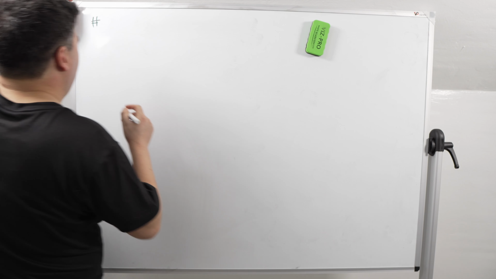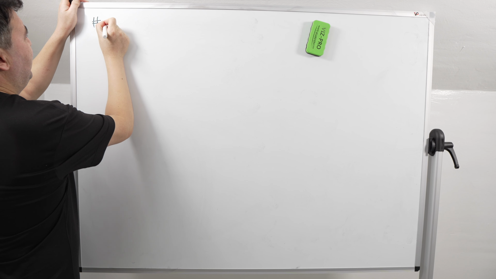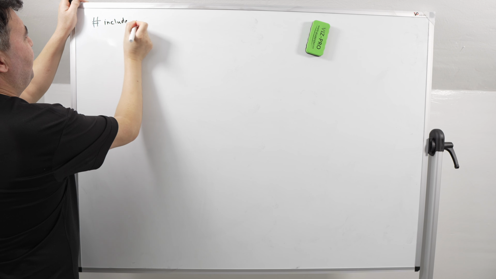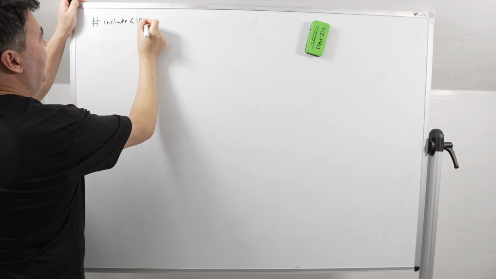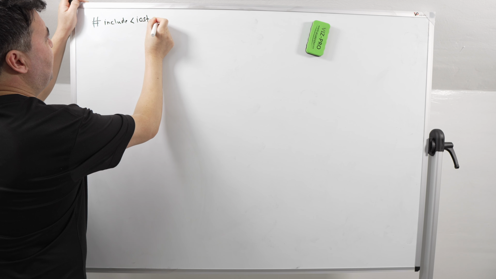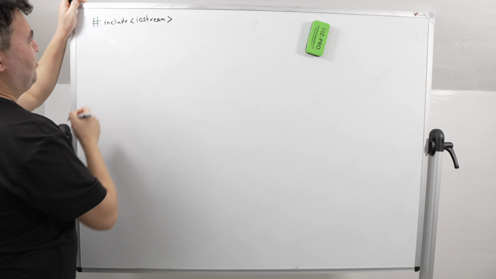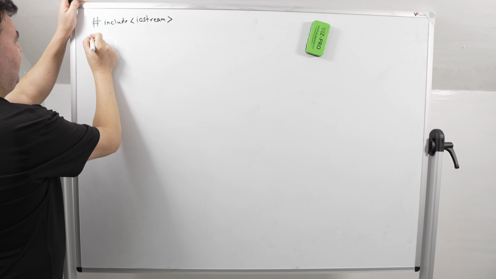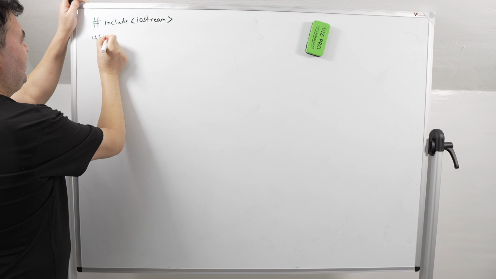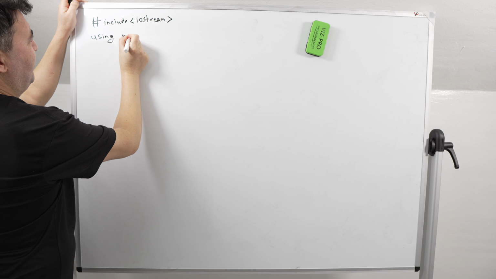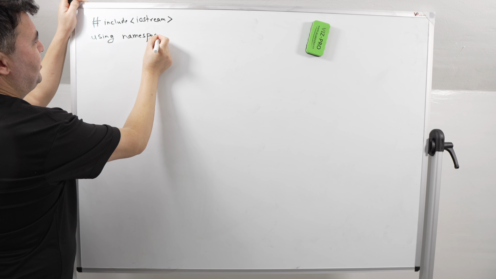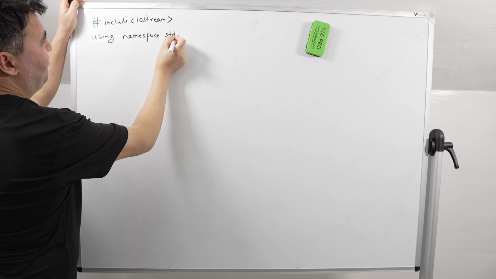So let's check it. I include the iostream library, which is the input and output stream where cin and cout are defined, and then we write using namespace std.